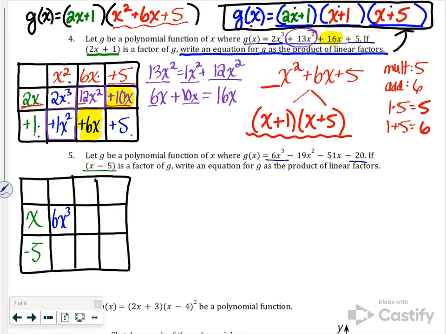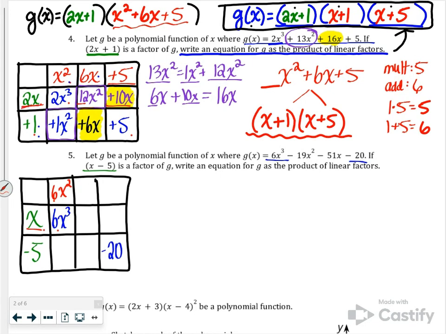And the constant is a negative 20. So from there I can start filling in my work. I know that x times 6x squared must be 6x cubed. And wait a minute, I didn't write a squared in yet. There we go.